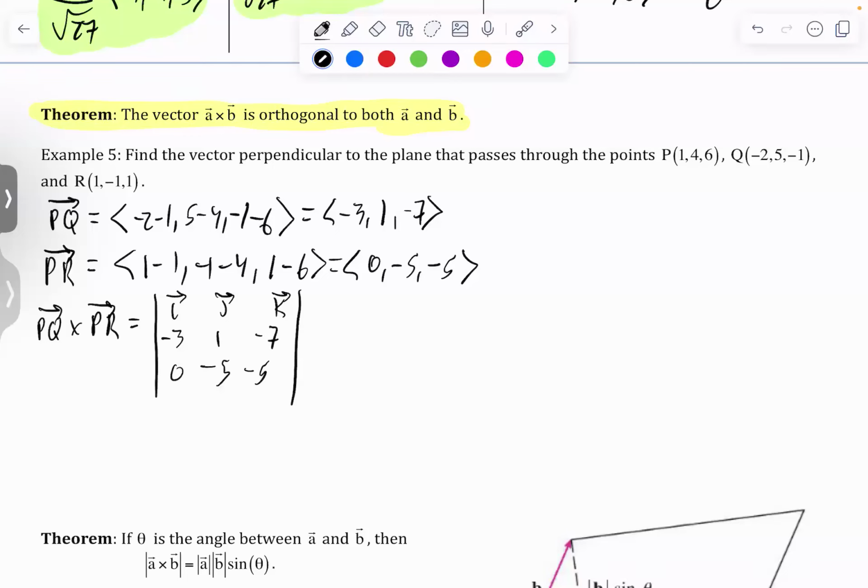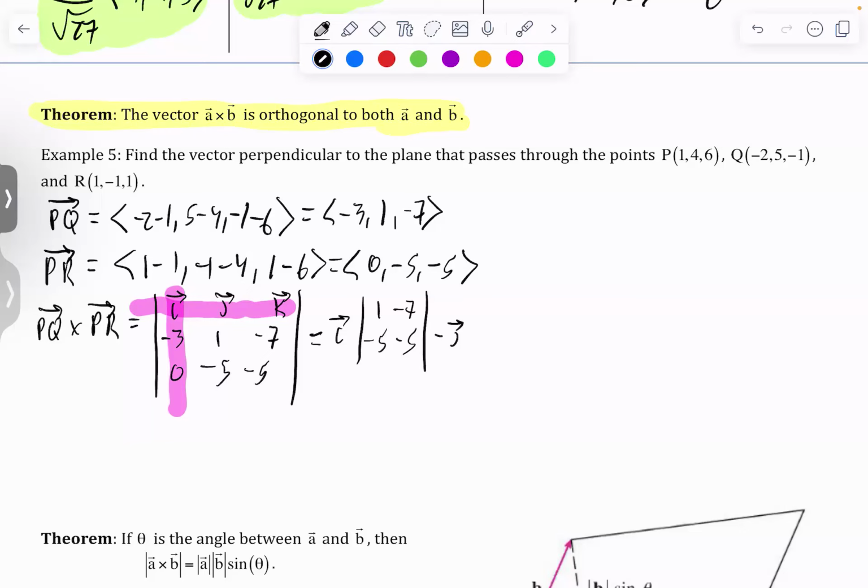All right, let's see what we can come up with. I is going to be 1, -7, -5, -5.